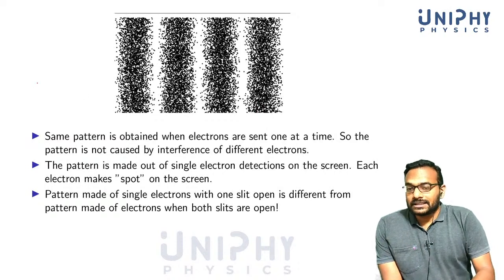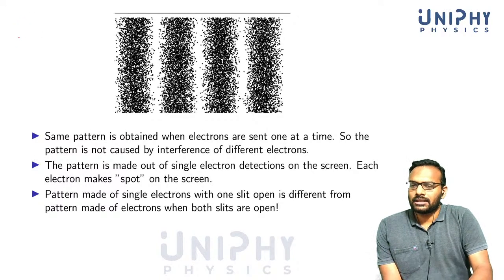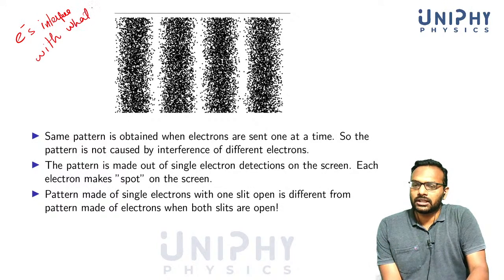Now, what's the first explanation that comes to your mind? You see that there is interference, so electrons interfere. Let's just make a hypothesis: electrons interfere. But with what? What does the electron interfere with?